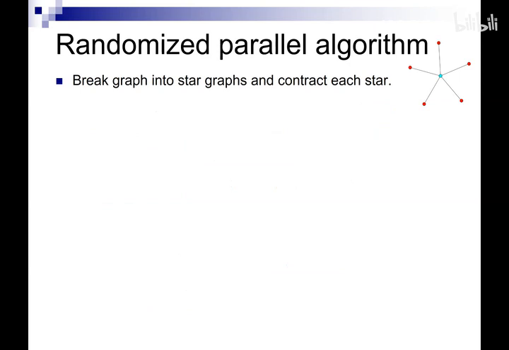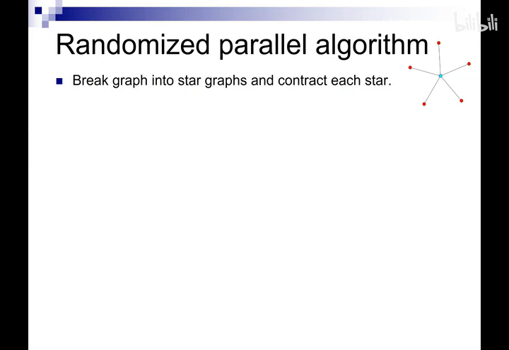Both of them follow this contraction idea, but they implement the contraction step differently. The first algorithm is going to be a randomized algorithm. This algorithm is allowed to make some random decisions, and we're going to see that by using randomization, we actually get a very simple algorithm.